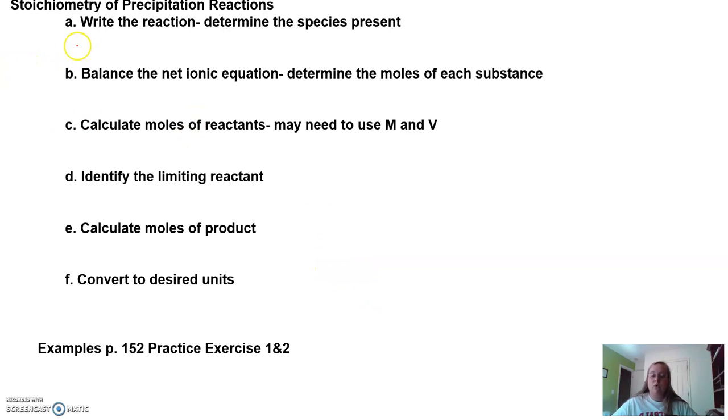But for those of you who are still a little bit rusty or need some more practice, this step-by-step should help you solve any of these stoichiometry solutions, or in this case, precipitation reaction questions. Now, I understand some of these steps can be combined, which is fine, but this is just an outline for those of you who might need a refresher.